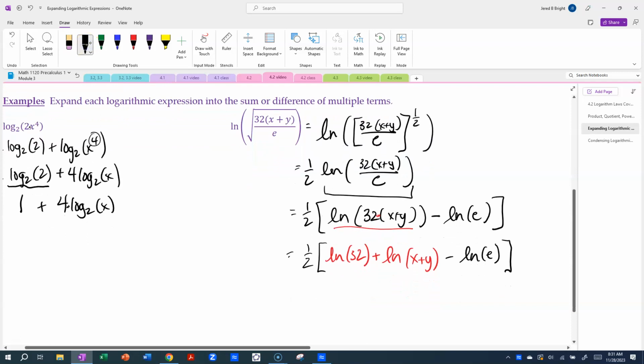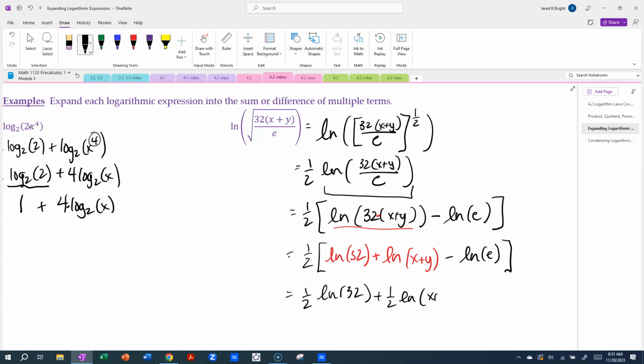If I wanted to simplify, which I should if I can, I'd do 1/2 natural log of 32. So distribute the 1/2 to each term. 1/2 natural log of x plus y. And then this whole thing, natural log is log base e, and then we have of e, so this is log base e of e, and that would just simplify to 1. So then I'd distribute a 1 times 1/2, and I'd just be subtracting a 1/2.